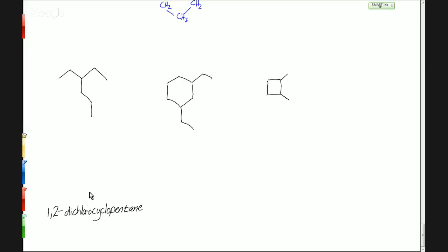Now this name here, I know this has something in it that we haven't dealt with before, but I figured you could probably figure it out. What do you think chloro means? If we have a chloro substituent instead of methyl or ethyl. Chloride? Yeah, right.